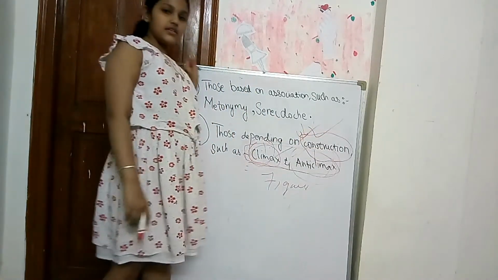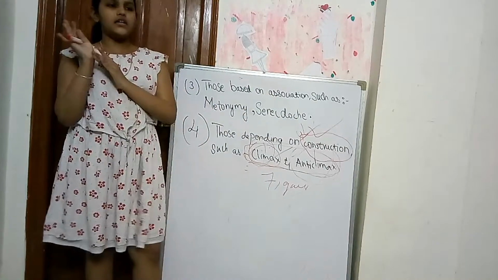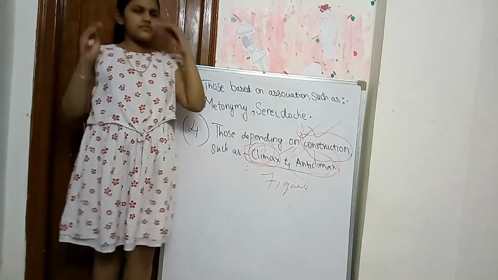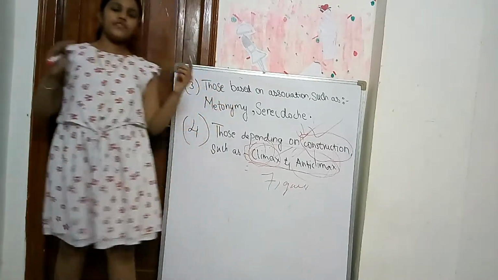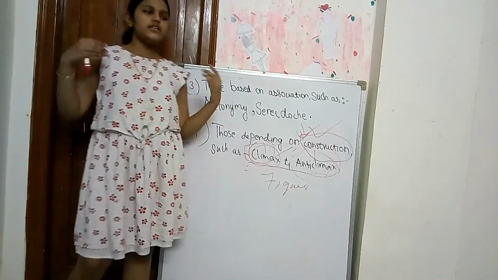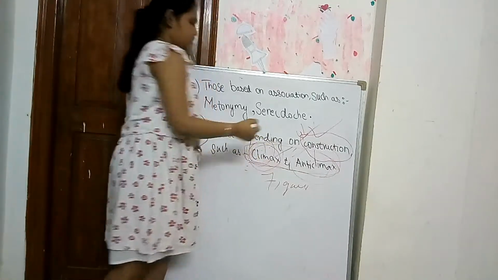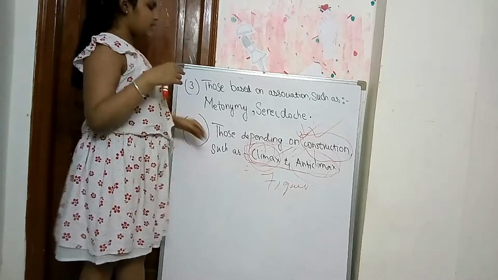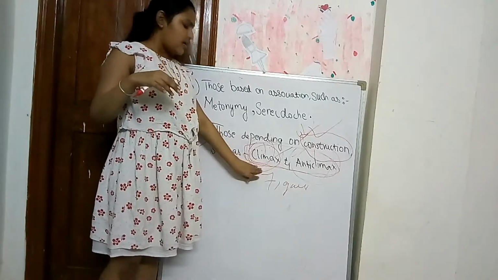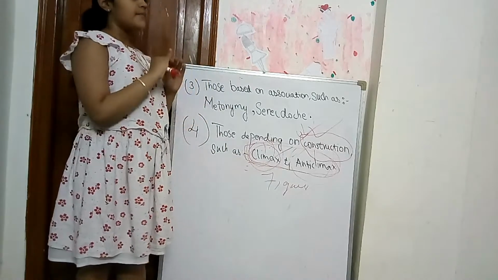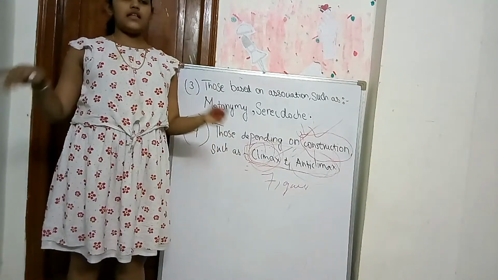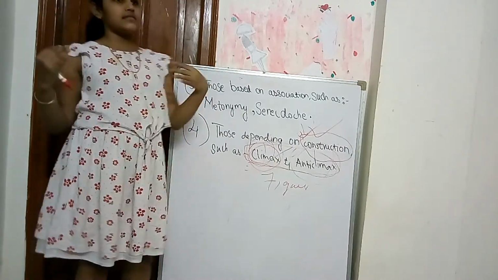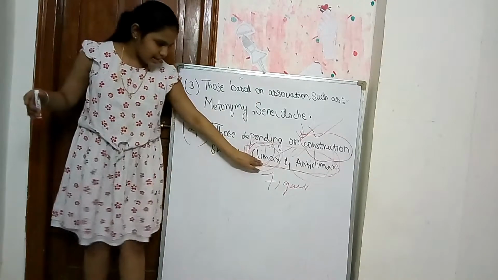You must have heard this word climax in movies. The twist of the movie is called the climax. It's a sudden change of the scene in the movie, or the most interesting part of the movie where the twist comes, which is known as the climax.